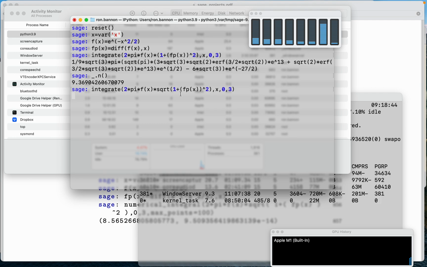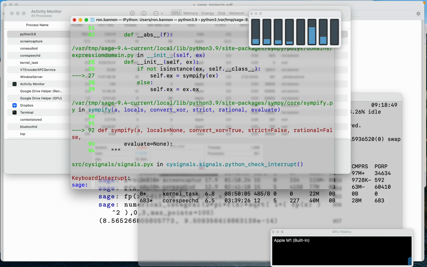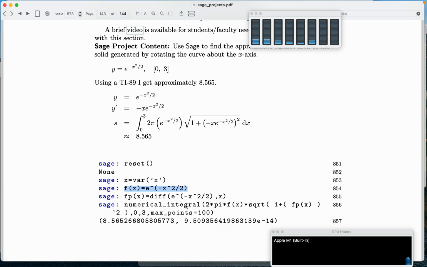And it's still working. Now, someone says, could you kill it? I'm going to kill it now by doing Control-C, right? So I interrupted the process. And what I want to do is numerical approximation instead, numerical integral. The reason for that is it's going to force it to do a computation, all right?